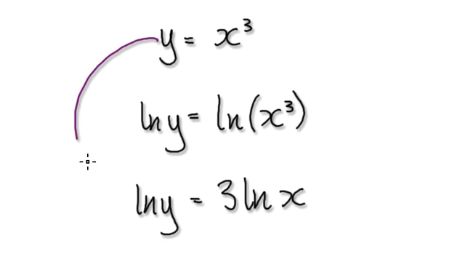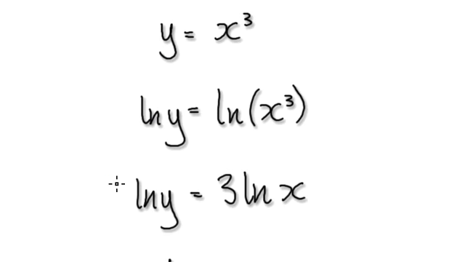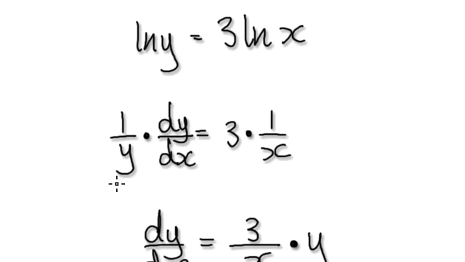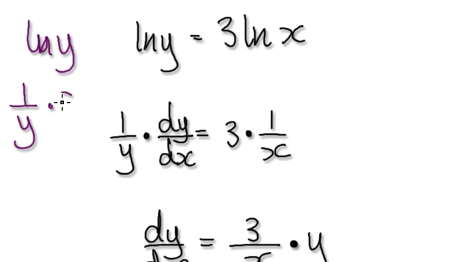From here, jump to here, and now use implicit differentiation. Don't forget y is a function of x. So when you differentiate y, it will be 1 over y, and then you times dy by dx because y is a function of x.